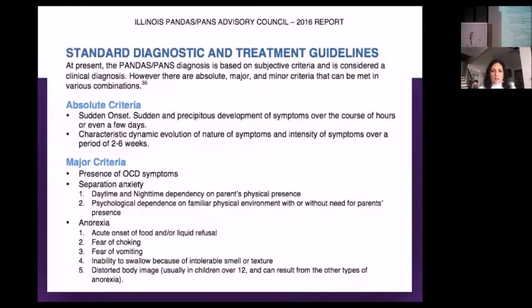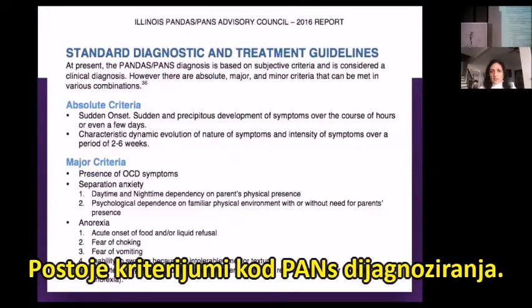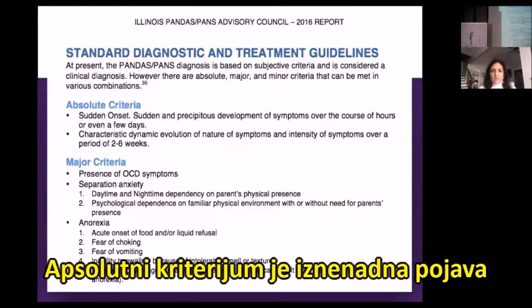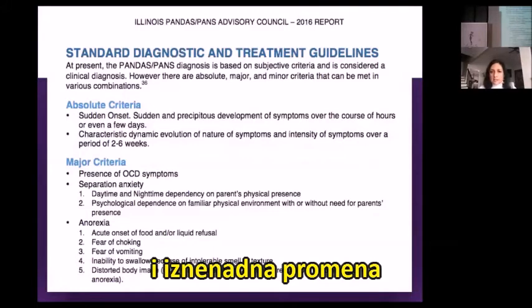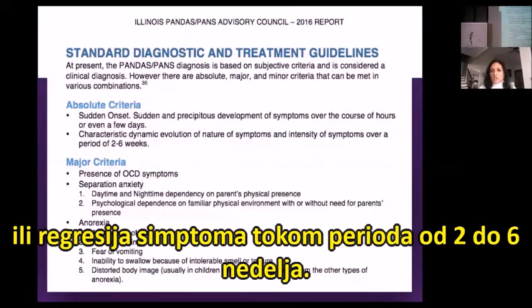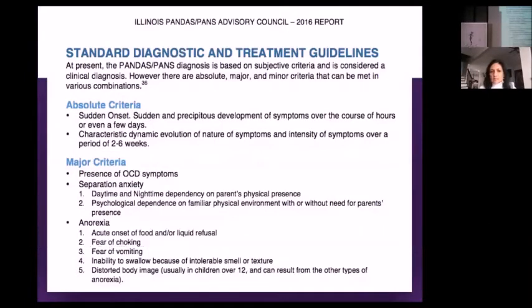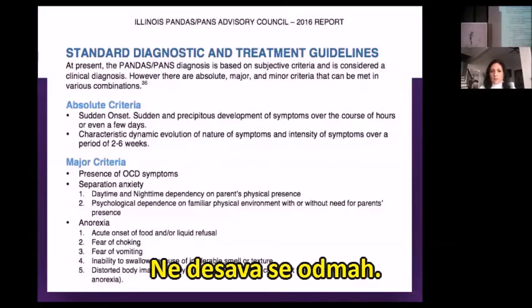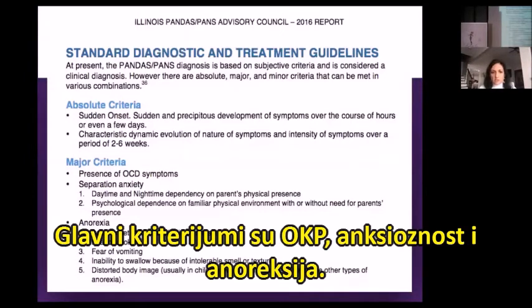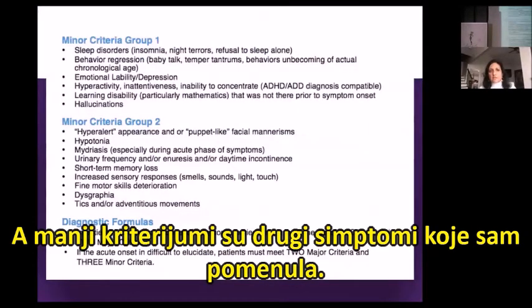So there is a diagnostic criteria for diagnosing PANS. So the absolute criteria is the sudden onset and sudden change or regression of symptoms over a period of 2 to 6 weeks. It doesn't occur right away. The major criteria is, again, OCD, anxiety, and anorexia. And the minor criteria are some of these other symptoms that I mentioned.